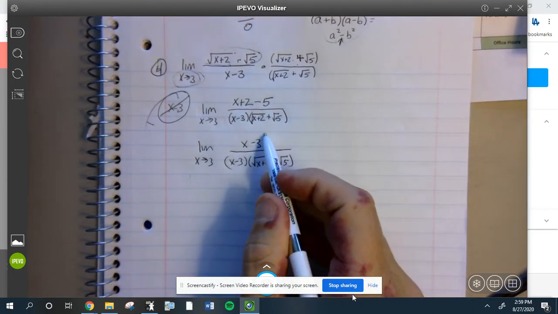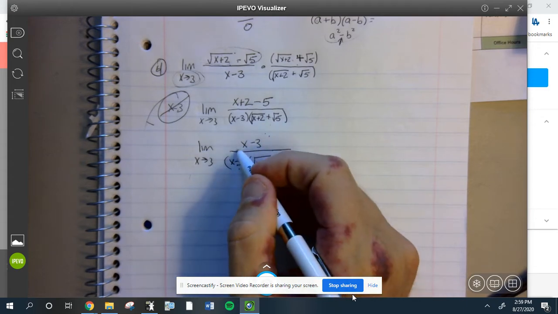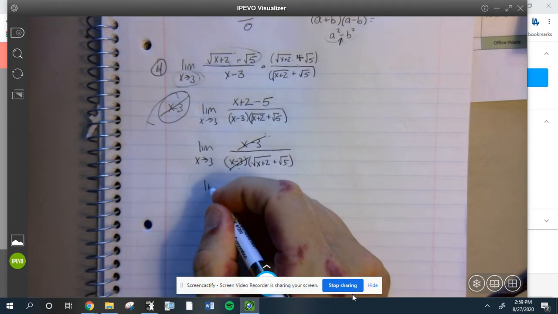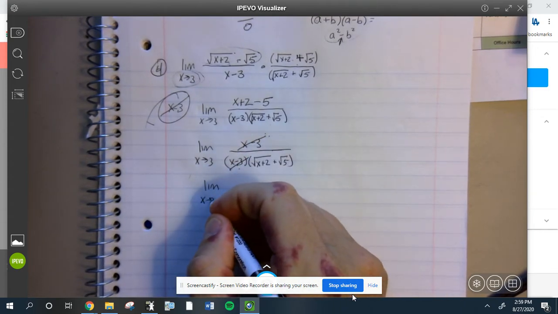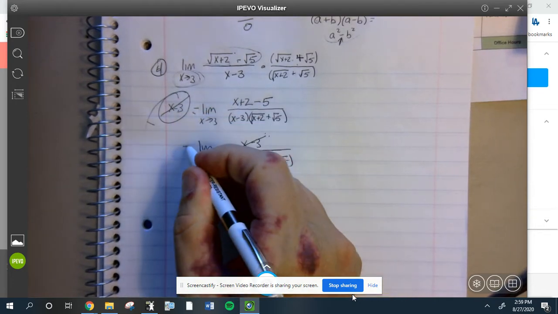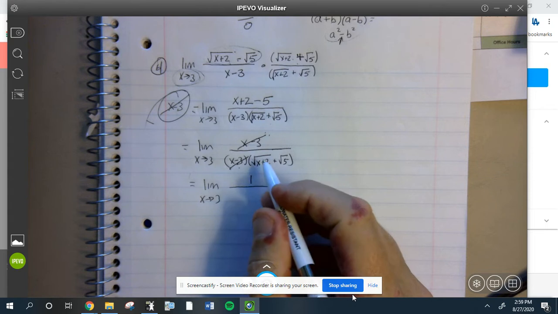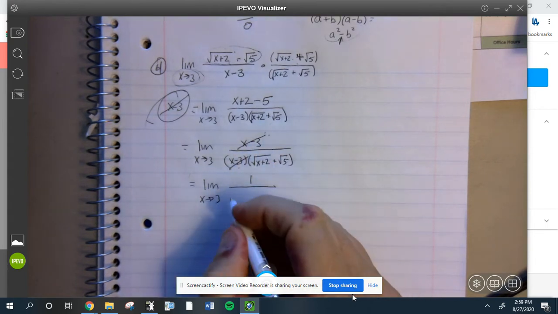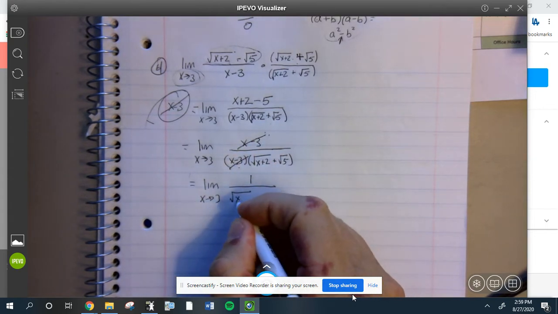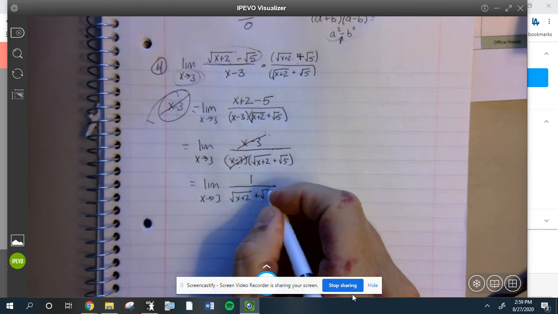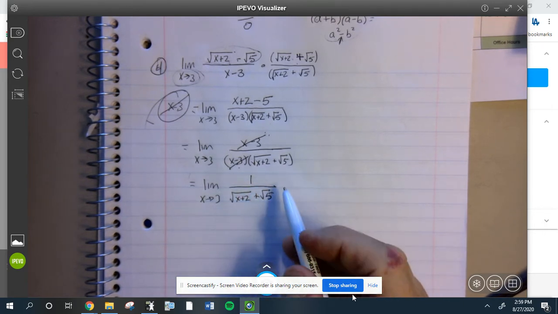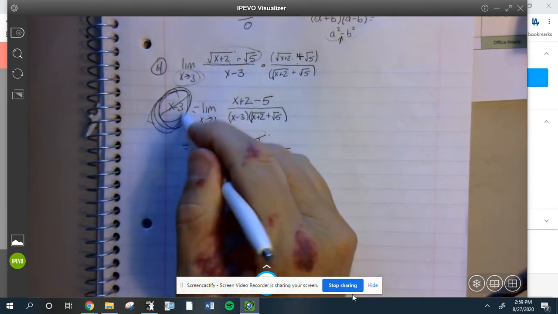And now you can cancel out factors. These are still all equal. You're left with the 1 when you cancel out the whole x minus 3. And the bottom is this. So now we've canceled out the x minus 3.